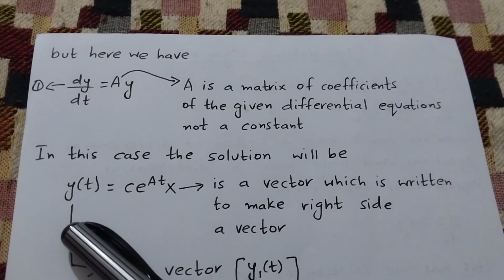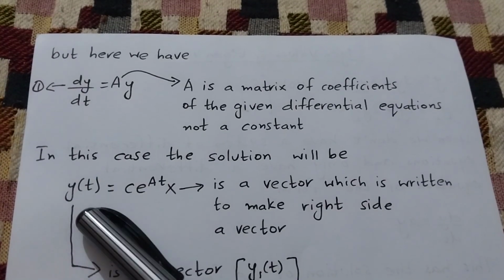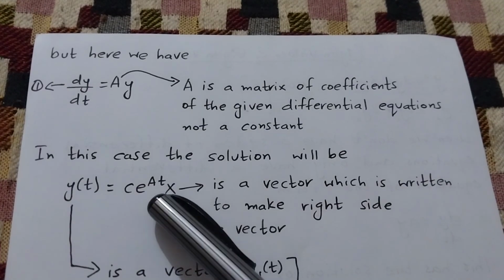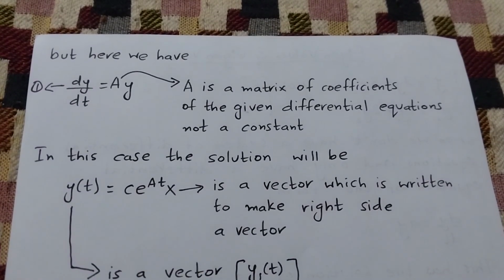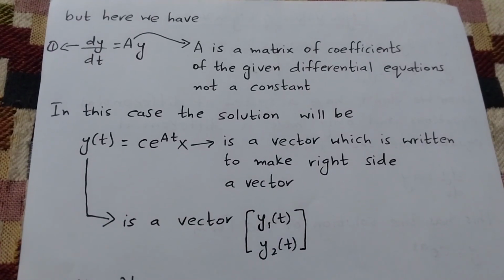It is basically a vector having two functions, y1 of t and y2 of t. So in order to make the right hand side a vector, we had to multiply it by a vector.